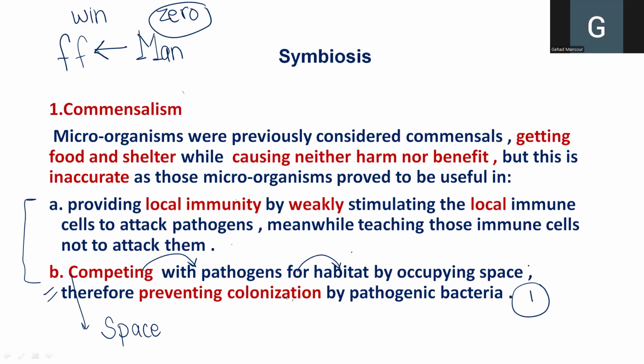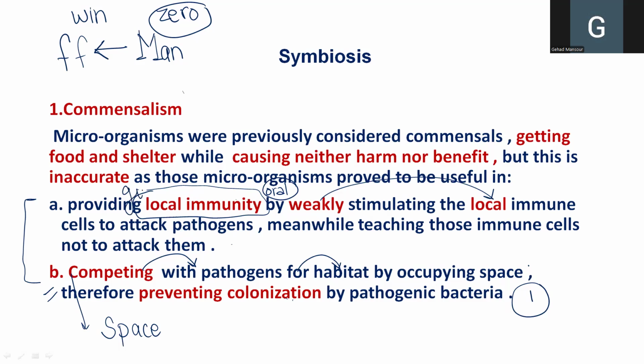The second one is what we called at the end of the year when we were about to finish the presentation. It is weakly stimulating the immune system. And we call this local immunity because it occurs in the local habitat, meaning that if the organism lives in the oral cavity, then it stimulates the white blood cells in the oral cavity.